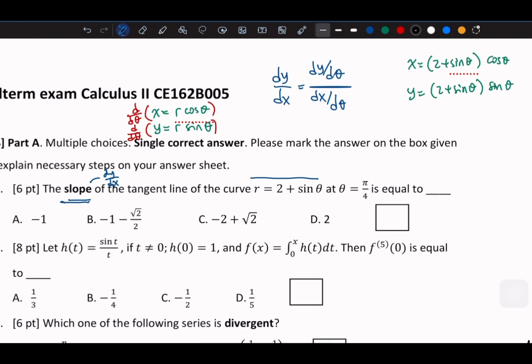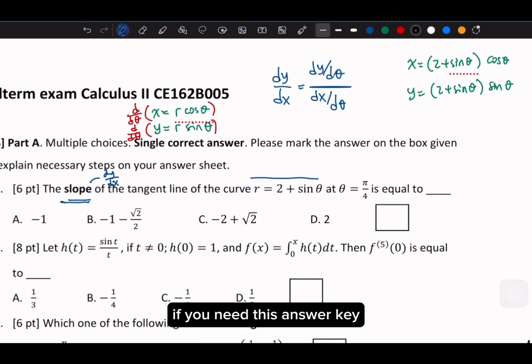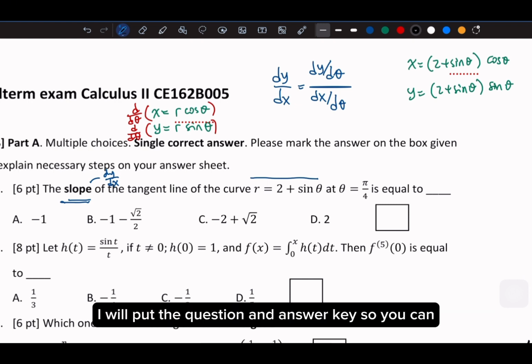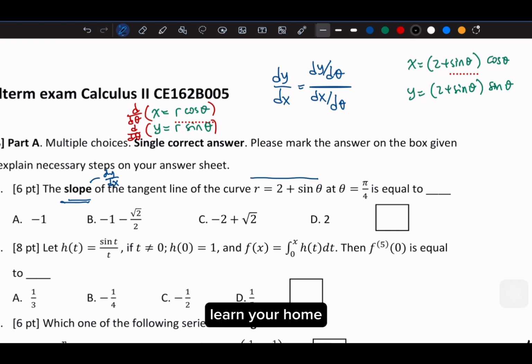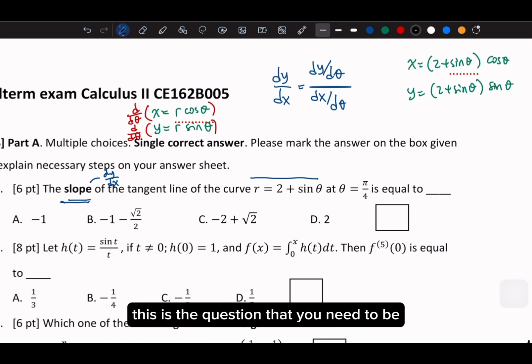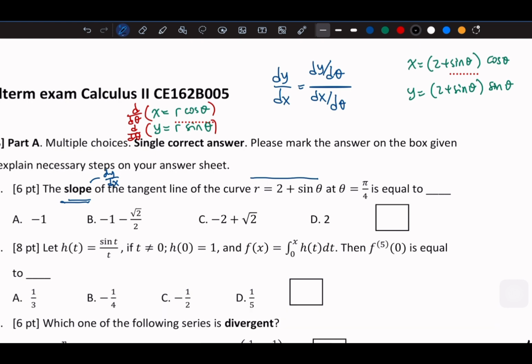If you need this answer key, I will put the question and answer key so you can learn at your home. Number two is quite a little bit, the difficulty is higher. So if you find this type of question in your exam, you could skip first. But for number one, this is the question that I expect you to answer.